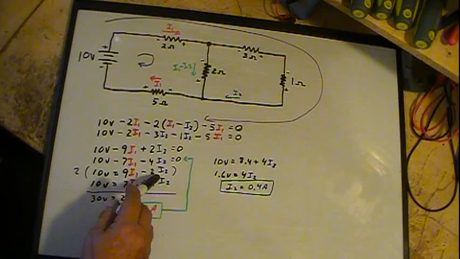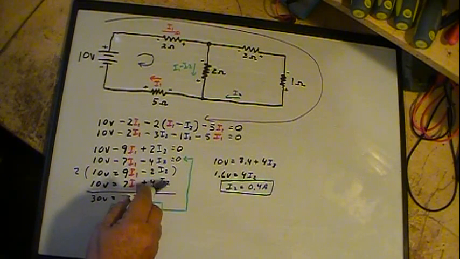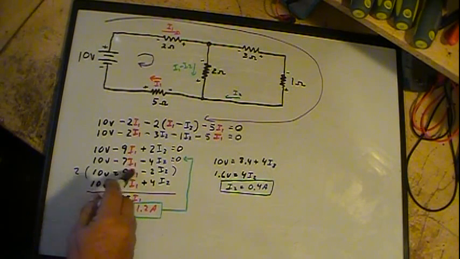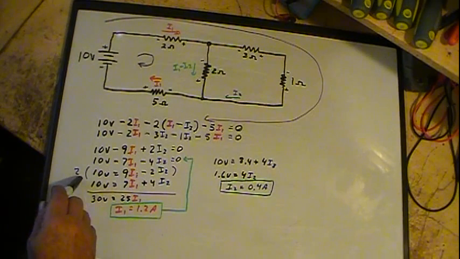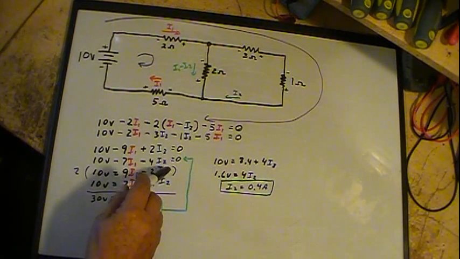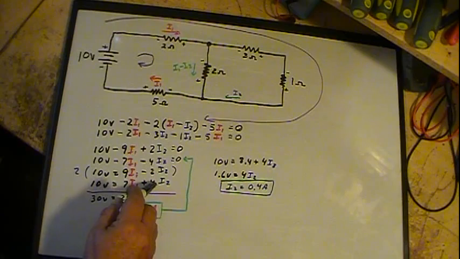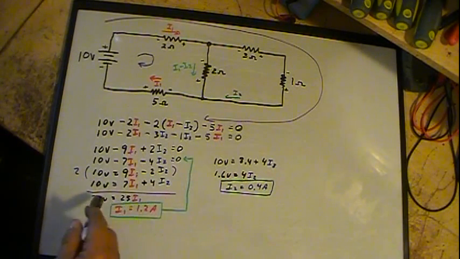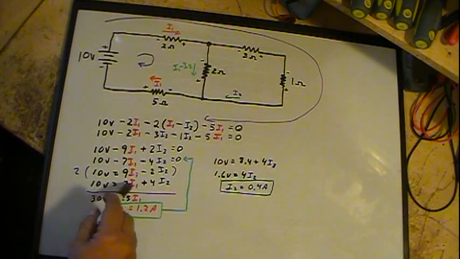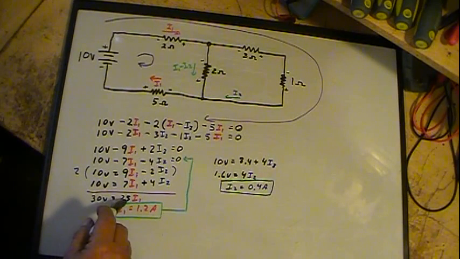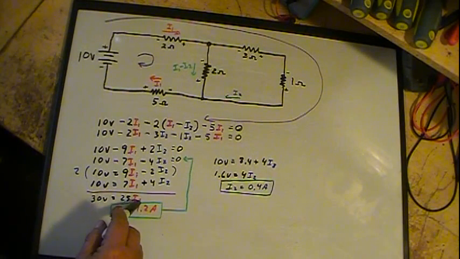Well, the easiest way is the I2s. All I got to do is multiply this one by 2, which I show here, and that eliminates this right here when I add them together, because this will make this 4 minus 4 plus 4 is 0. When I work it out, it comes out to 30 volts equals 25 I1.